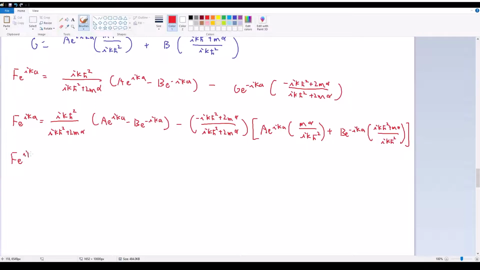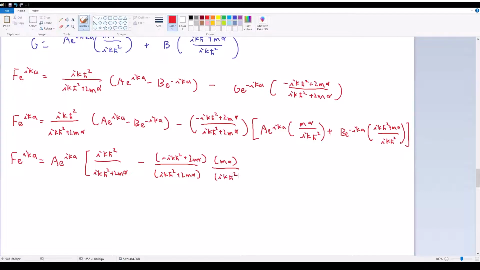f e to the ika is then going to equal, okay, this is a disgusting equation. A e to the ika, let's see, ik h bar squared over ik h bar squared plus 2m alpha, and then subtracted by negative ik h bar squared plus 2m alpha over ik h bar squared plus 2m alpha, and then multiplied by m alpha over ik h bar squared.